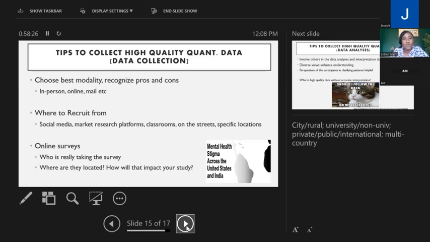So as we were going through the data and cleaning the data, looking at the geolocation, what we found was that even though the participants who used the market research platform said they lived in India, a number of them were taking the survey from the US, and then also from other countries, not India. Right? And then there were those who were in India. The geolocation indicated that they were in India.